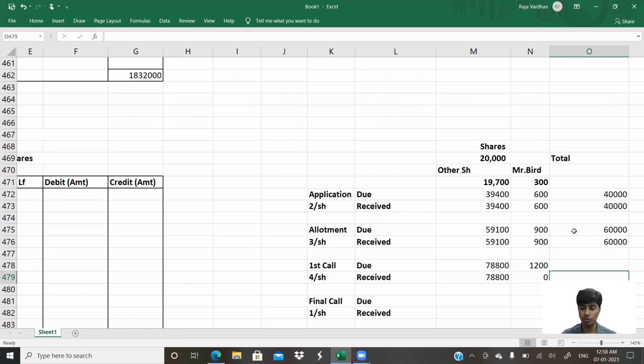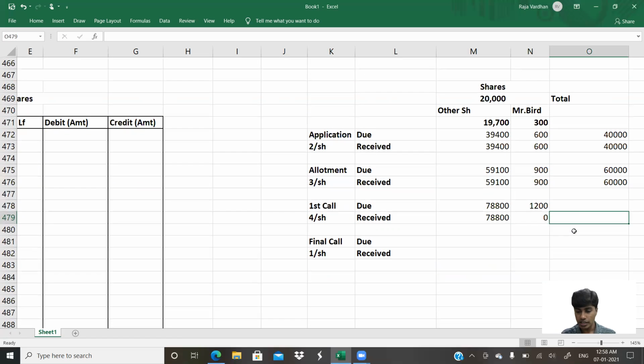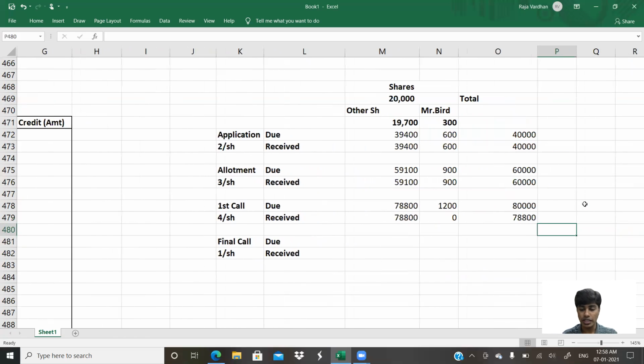What we received is 0 from him. You get that? So now tell me how much is receivable. 78,800 plus 1,200, that is 80,000 was receivable. How much was received? 78,800 was received.